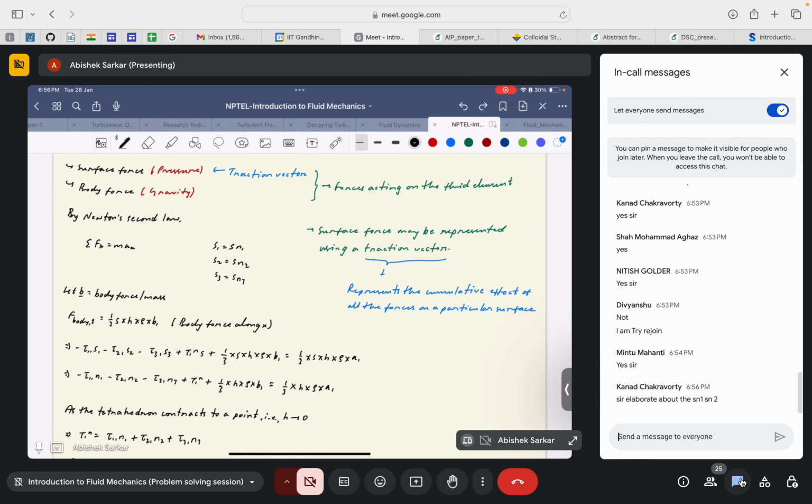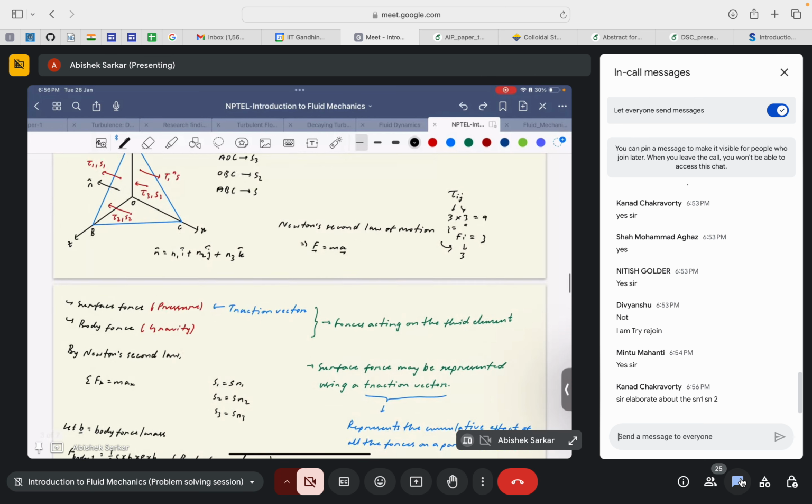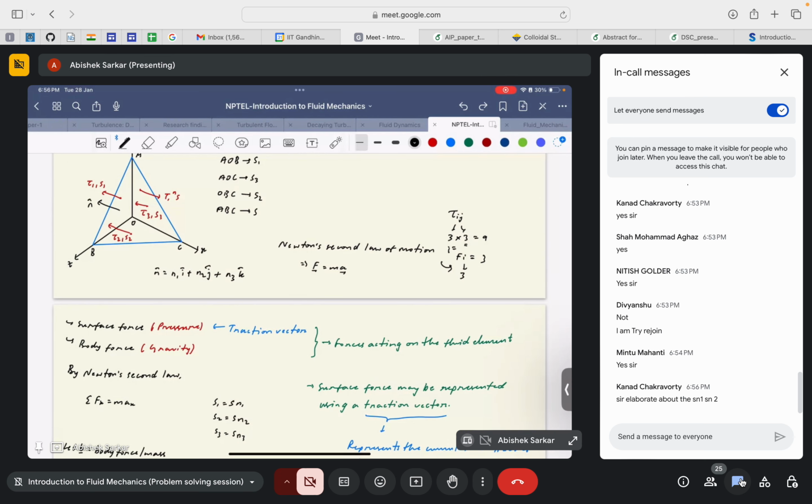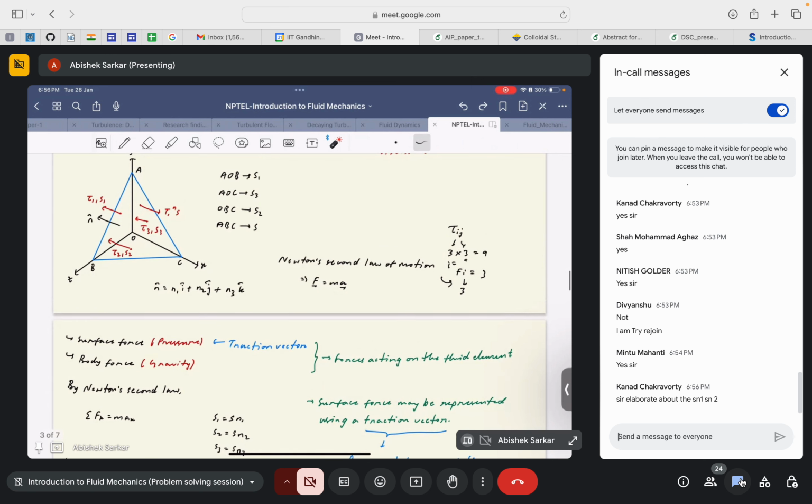Say this surface is S. The projection of this surface falls along this particular plane, in the direction of n1, so this surface can be given by S into n1.